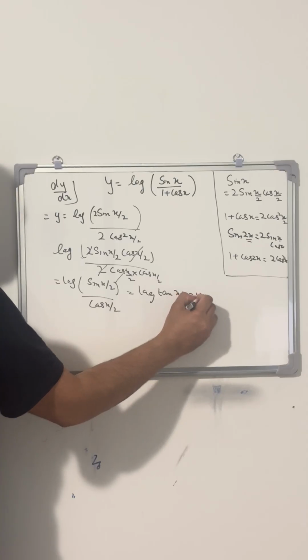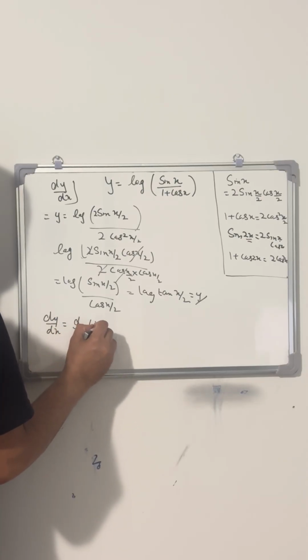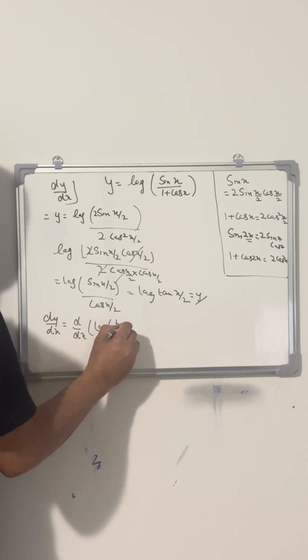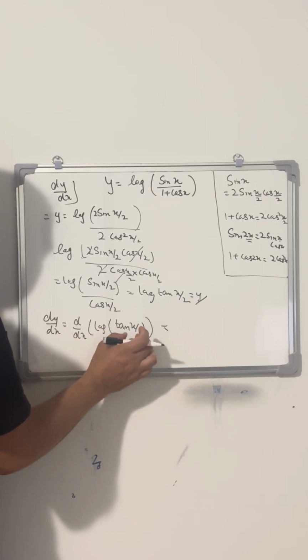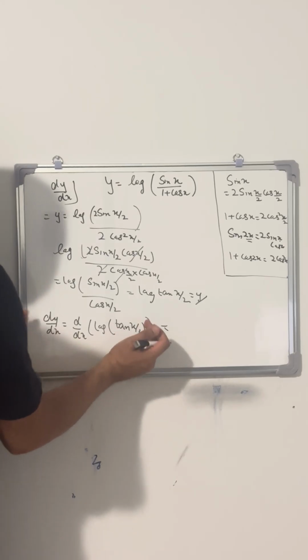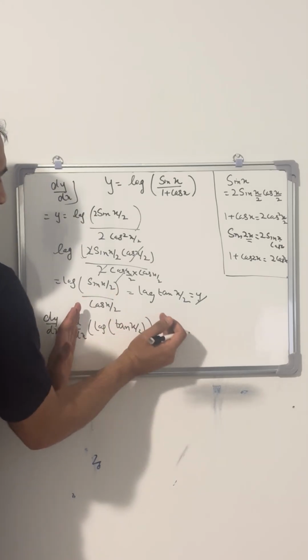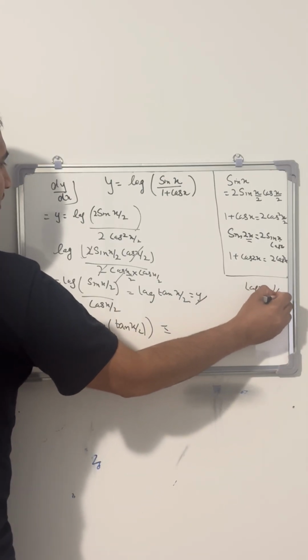Now this is y, so let's differentiate this y. dy by dx, d by dx of log of tan x by 2. Now first of all we differentiate the outer function. So we know log x differentiation is 1 by x.